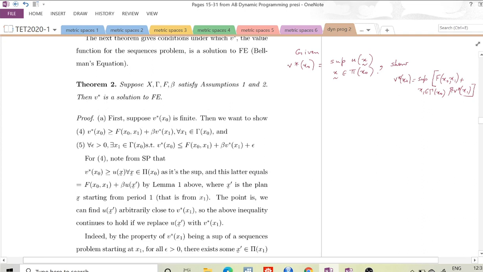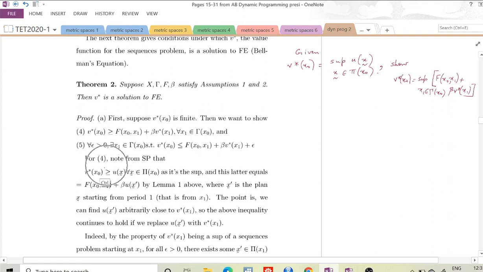And the second thing is, given any epsilon greater than 0, I can find some x1 here such that this is so close to V star of x naught that V star of x naught is less than or equal to f of x naught x1 plus beta V star of x1 plus epsilon.